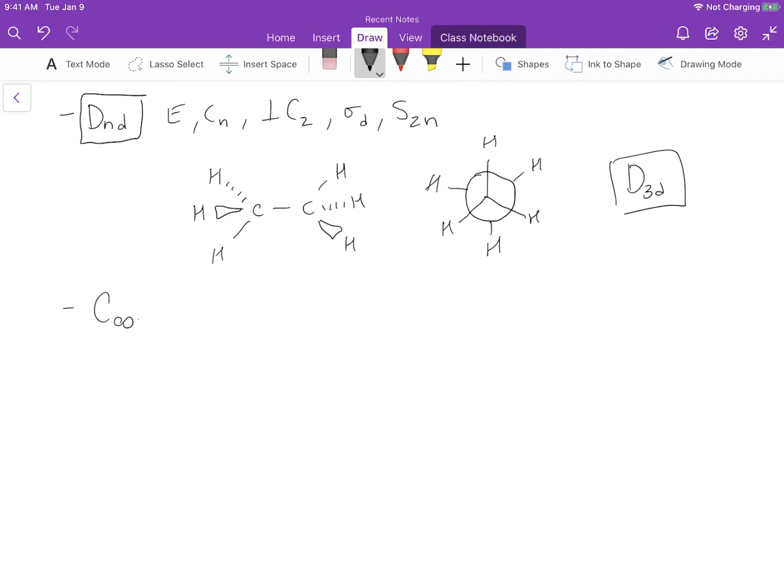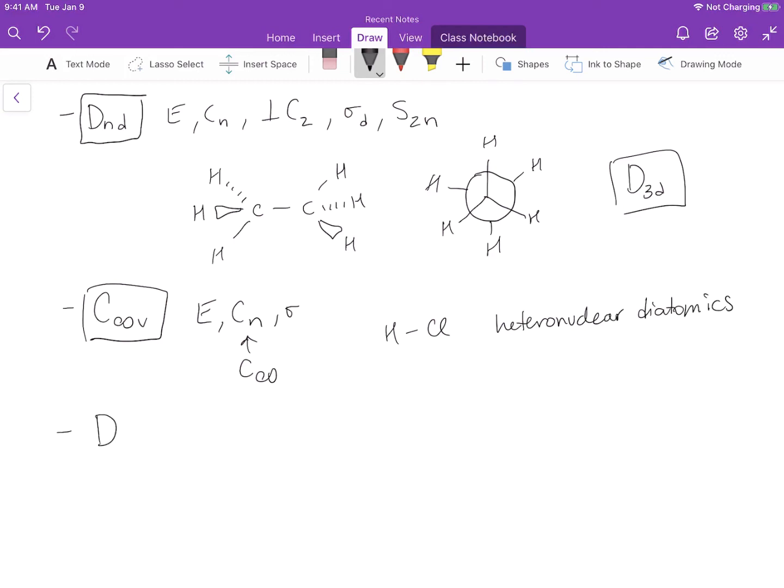We also have C infinity V. So this is for linear. So you have E, C infinity, sigma, and your CN is actually an infinity. So there's no real axis. So basically HCl, for example, heteronuclear diatomics.